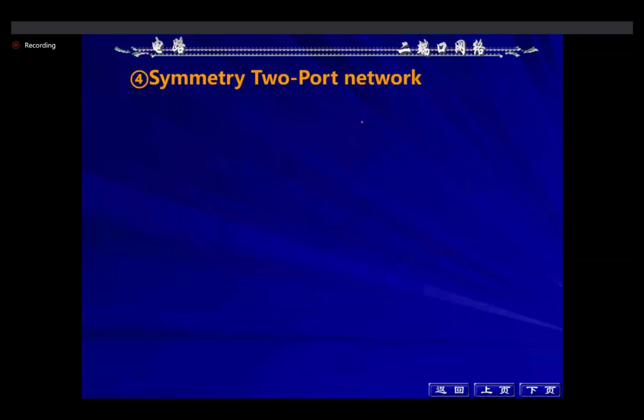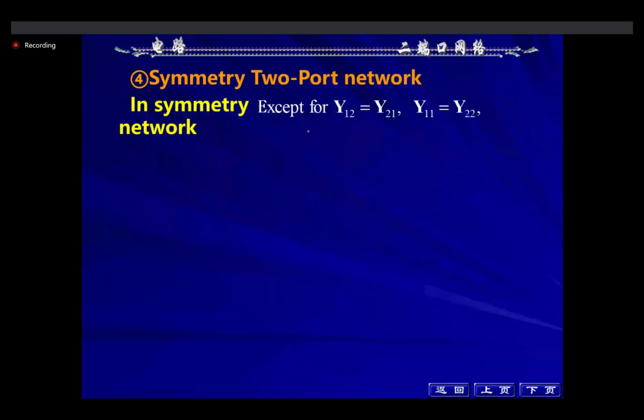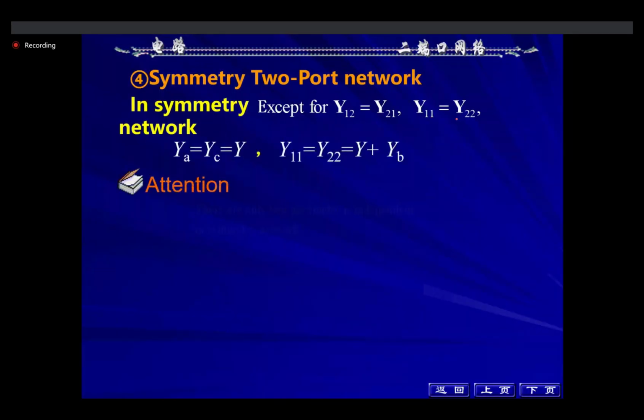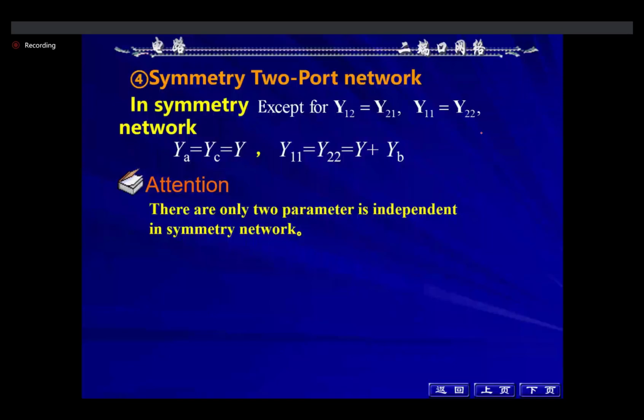For the symmetry network, except for Y12 equal to Y21, Y11 also equal to Y22. So for the symmetry network, these 2 are equal, these 2 are equal. This means symmetry. This is reciprocal, this is symmetry.